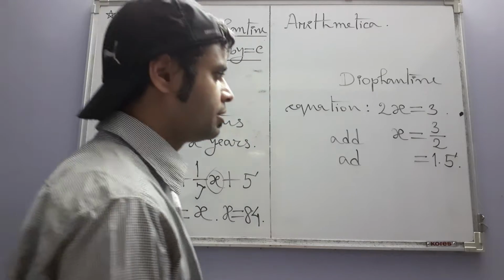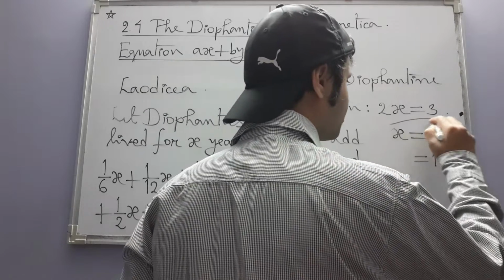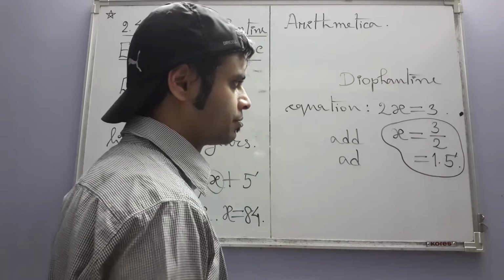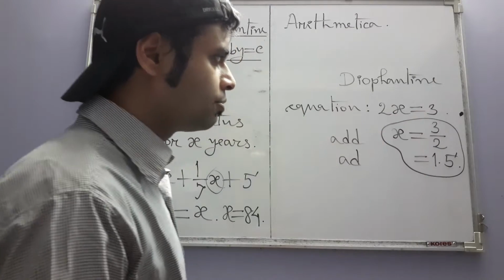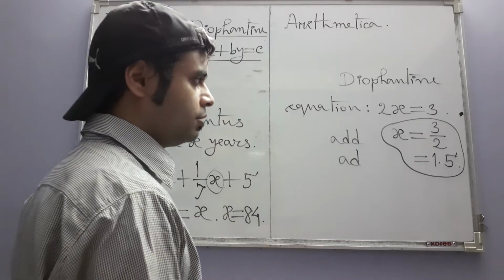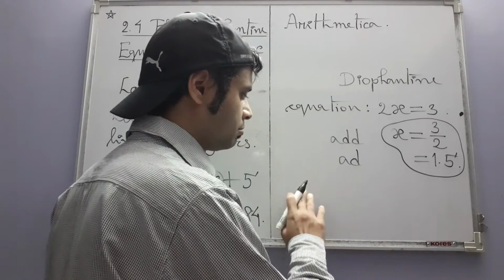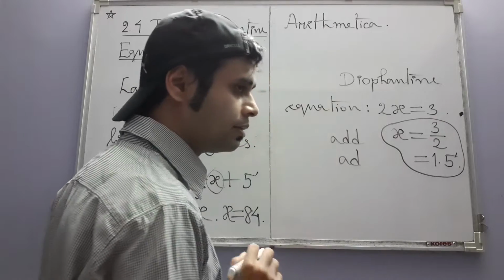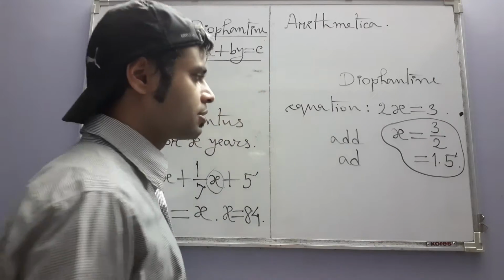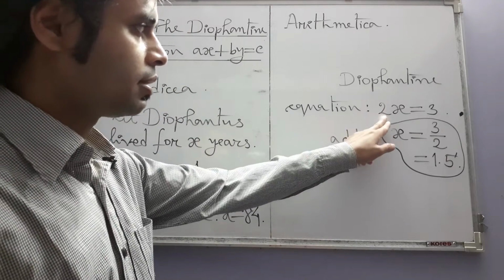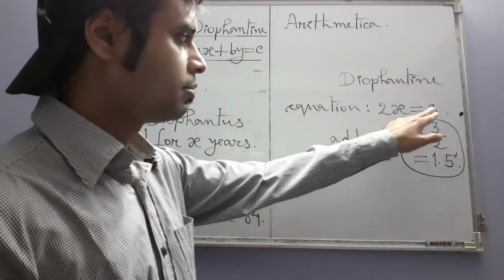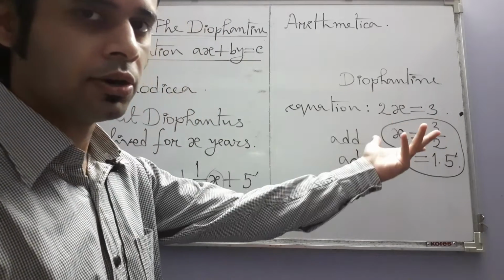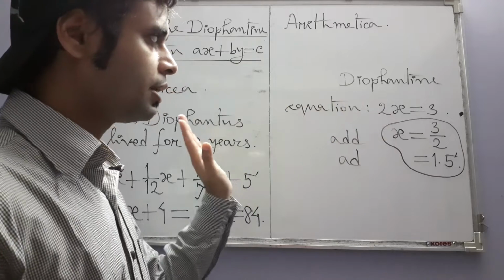You do not have to go through this type of reasoning; you just go by contradiction. You assume that there is an integer x for which 2x equal to 3, but then the left hand side is an even integer, but the right hand side is an odd integer, and no even integer is equal to any odd integer, so no solution exists.